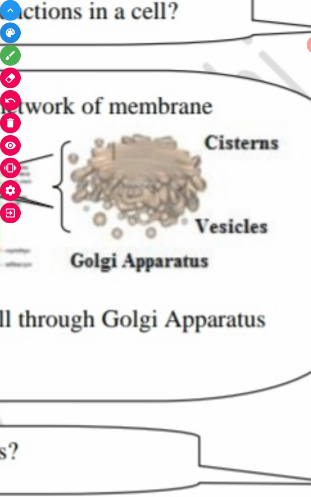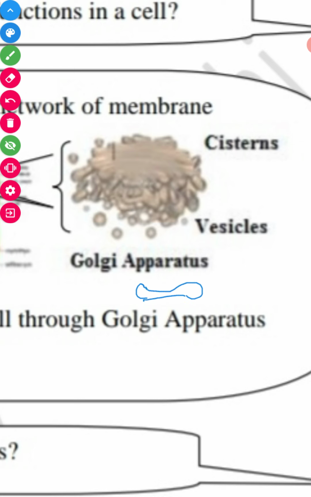Okay, and I will definitely draw it for you like this. It is very difficult to draw it.